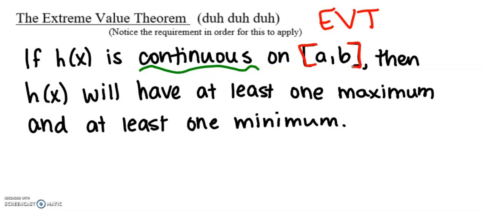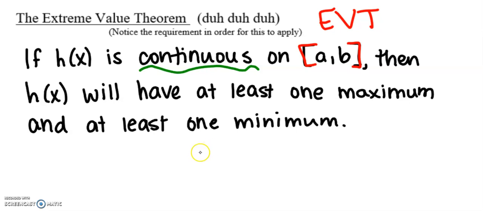Its domain is negative infinity to infinity, and a parabola only has a maximum or a minimum, depending on if it opens up or down. What we're talking about here is a function that is cut off. We're looking at a closed interval from a to b. We will be guaranteed to have at least one max and at least one min, which means that you have a tallest person in the room and a shortest person in the room.